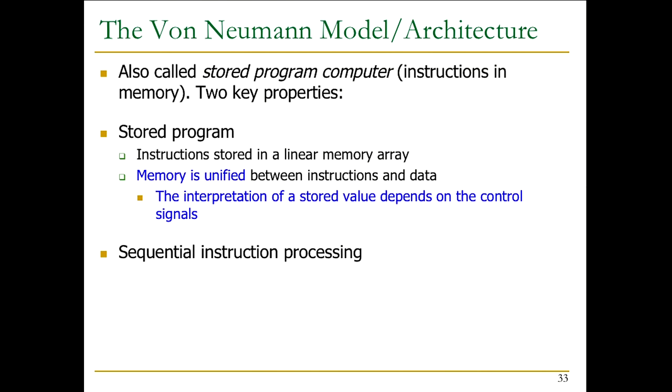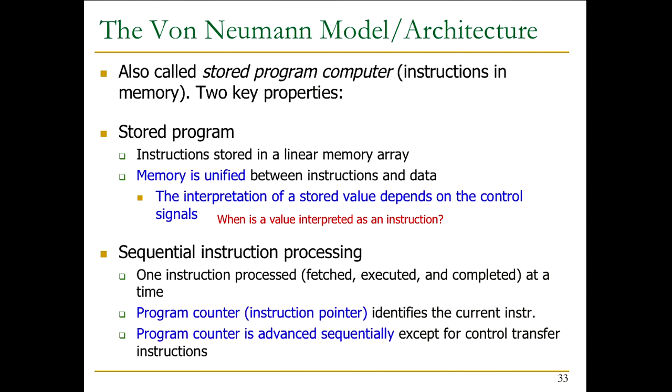And the second, and this is important, the real fundamental part of the von Neumann model has been sequential instruction processing, which has affected programmers quite a bit. The abstraction is that one instruction is processed at a time: fetched, executed, and completed.